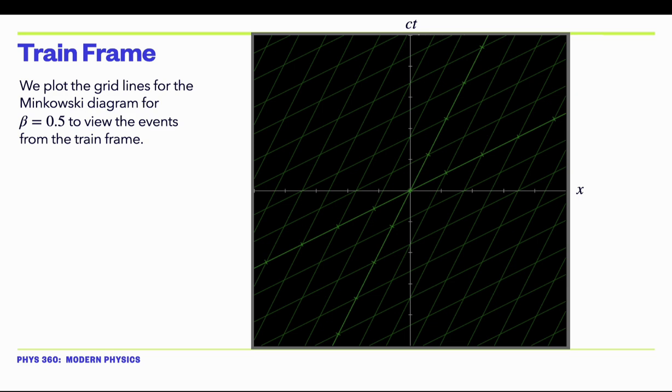Okay, so let's go back to our Minkowski diagram again. This time, though, we're going to plot the Lorentz transformations on our diagram. So the horizontal axis is still the x-axis as seen in the tunnel frame. The vertical axis is still CT as seen in the tunnel frame. But now we've overlaid some other axes to show us what the train's frame is.